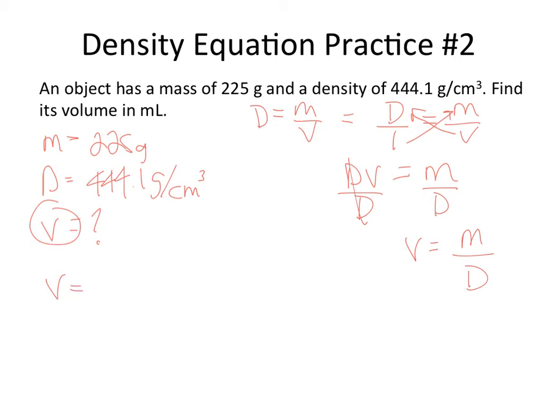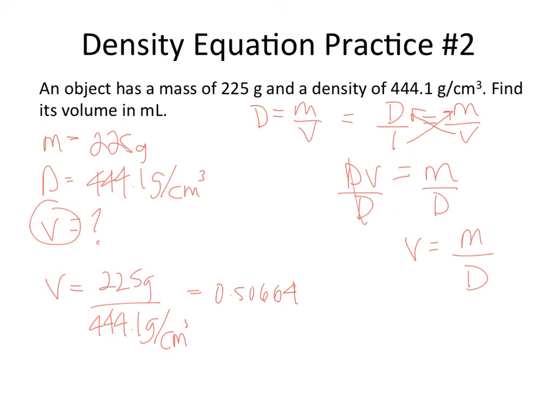Volume is equal to mass, which is 225 grams, divided by my density, which is 444.1 grams per centimeter cubed. When we plug this into our calculators, that is going to give us 0.50664 in terms of our numerical answer from our calculator.